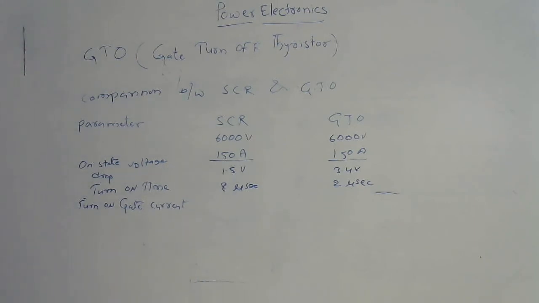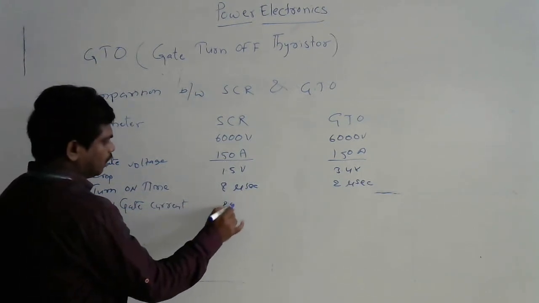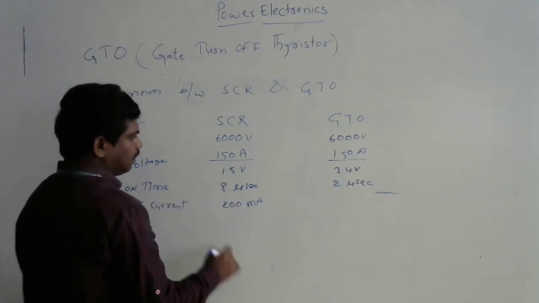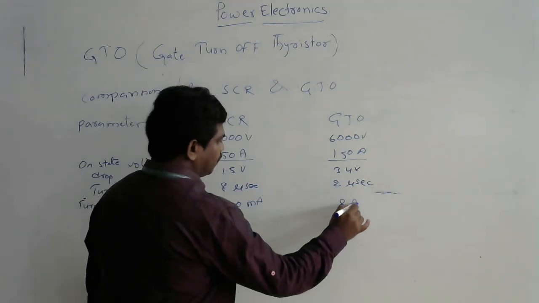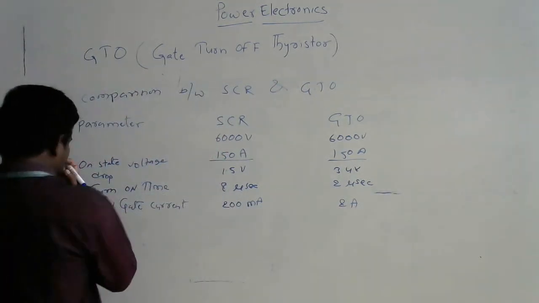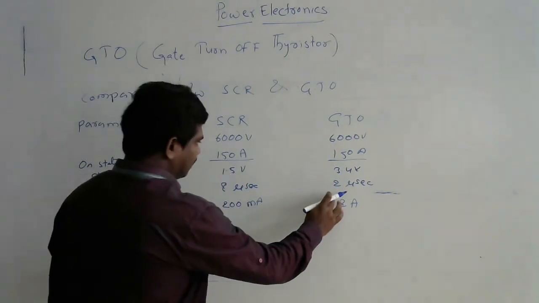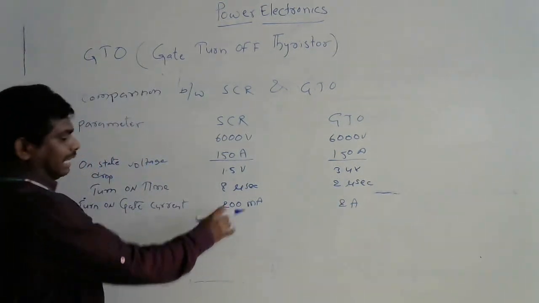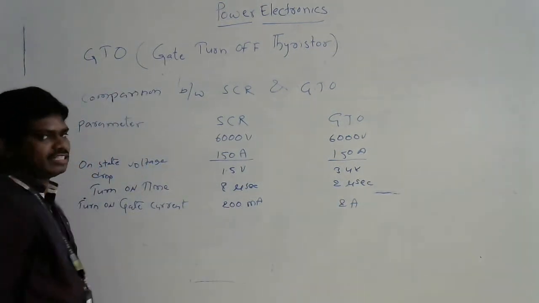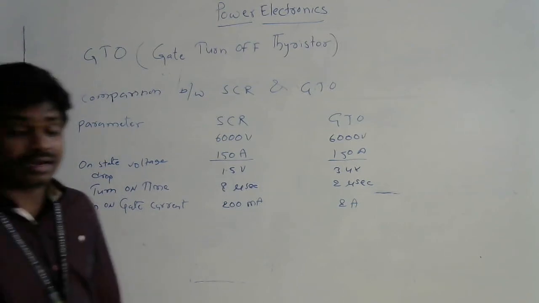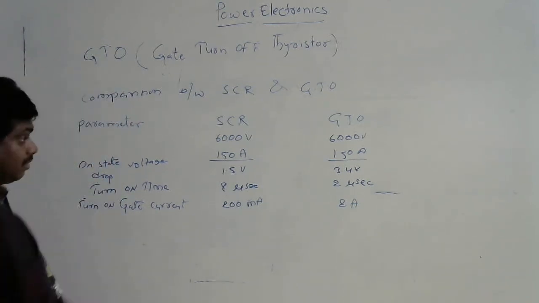It is 200 milliampere for SCR, but 2 ampere for GTO. This means there is a disadvantage for GTO in turn on gate current, whereas it is an advantage for SCR. That's why SCR is designed for the turn on process, as I already mentioned.